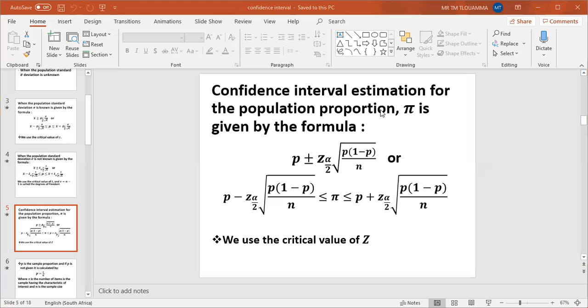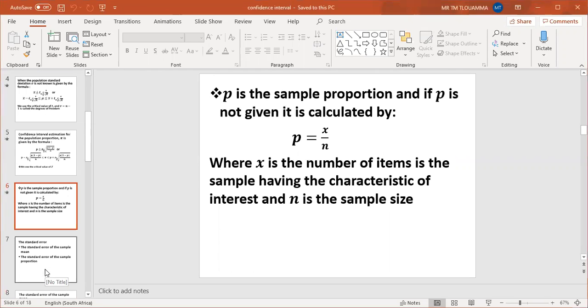Then I'm going to move to the sample proportion. I said that this is the formula we use for calculating the population proportion. On the next formula, this one is the sample proportion.